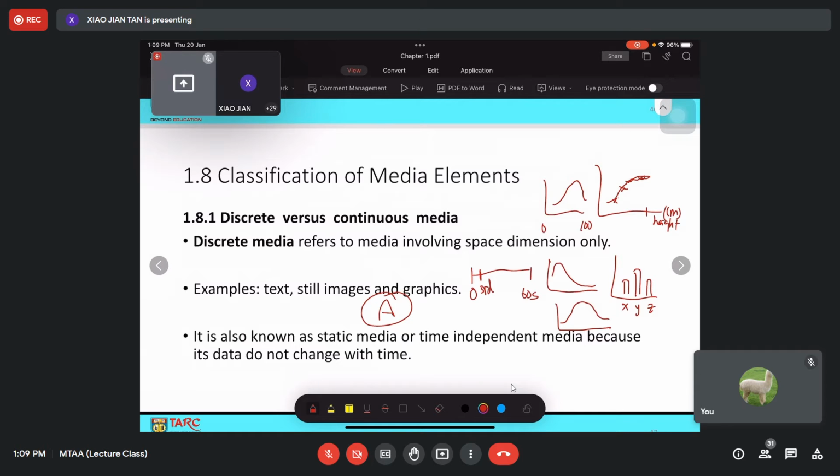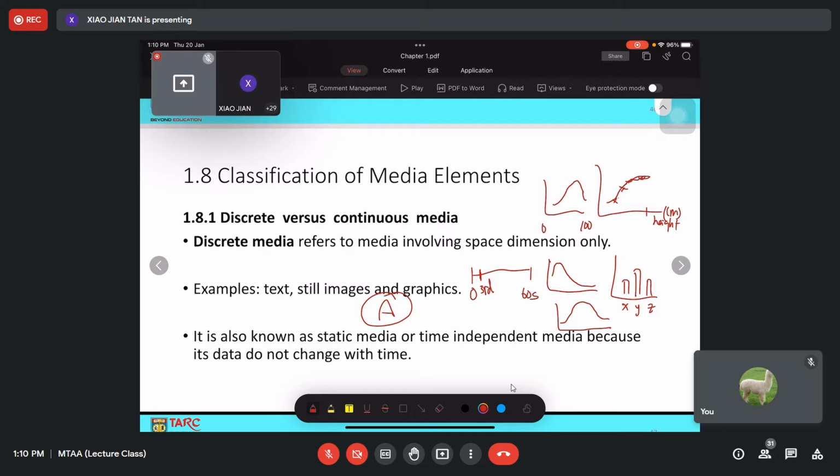It is impossible. Like WhatsApp, you play an audio. Is it possible for you to listen to just the first 2 seconds, or maybe just the 1 second in the very beginning of the audio or the video, and you already understand the entire information? So that is what is meant by continuous. You need to continuously feed in the information so that you can understand the entire message carried by the media itself.